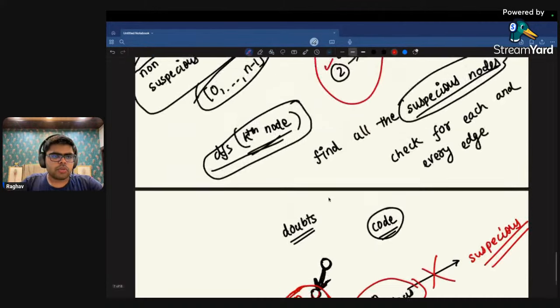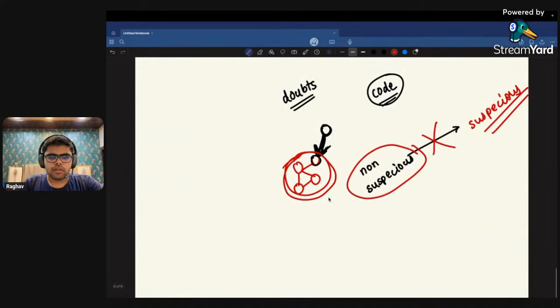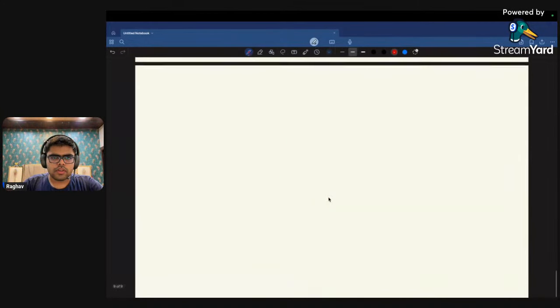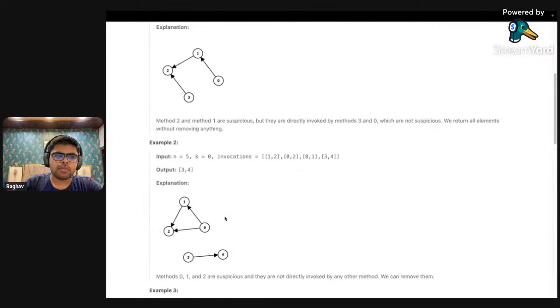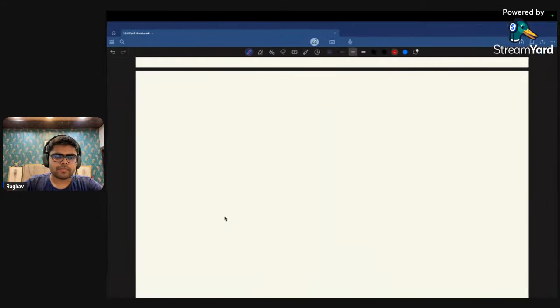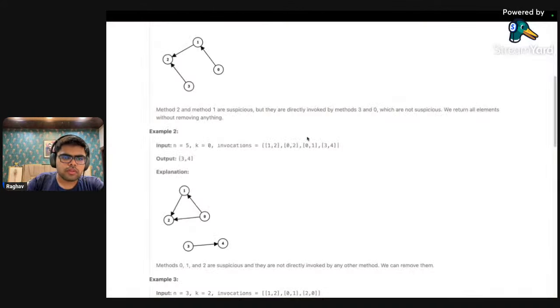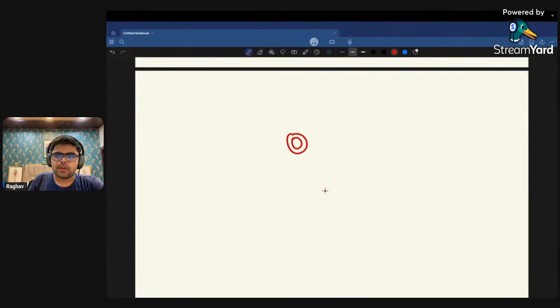And let me show you a dry run. So let's dry run the second problem maybe. In the second problem we have something like 0, which is the bad node, invokes 1, and it invokes 2, and 1 invokes 2, and 3 invokes 4.